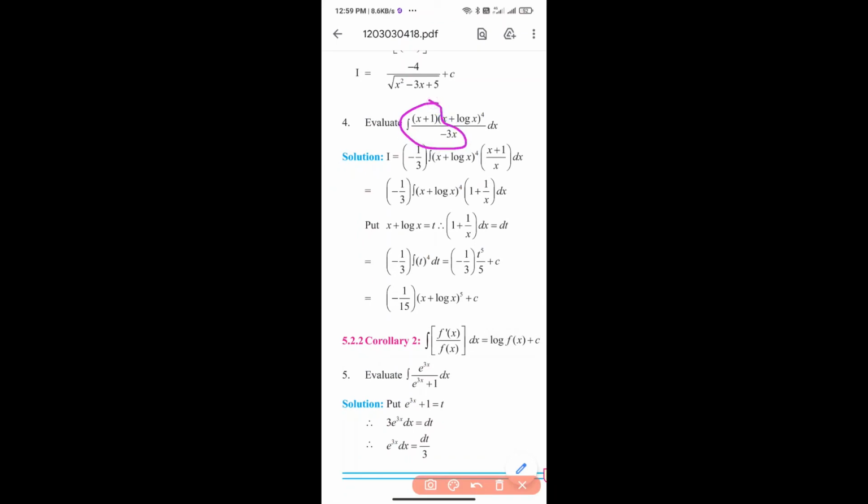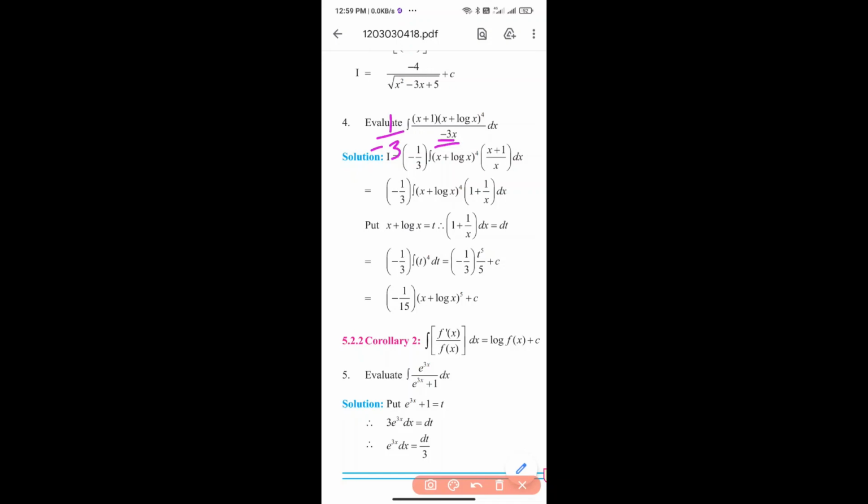So what we can do, we have to adjust the given function now with respect to t and dt. So we can take this minus 1 by 3 outside. Okay, there's no minus 1 by 3 but 3 in the denominator. So when you take it outside, it will go in the denominator only. That is why it becomes minus 3.